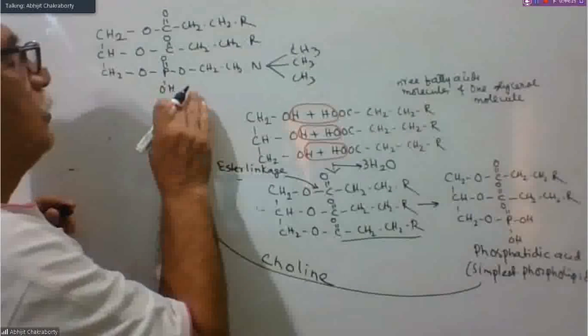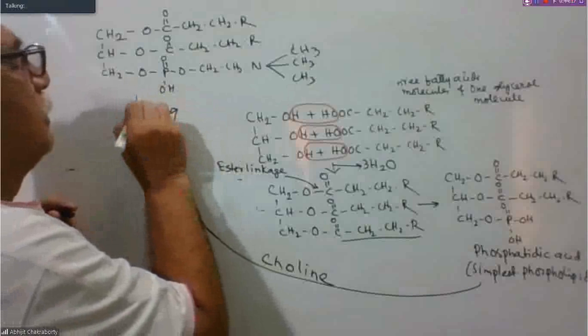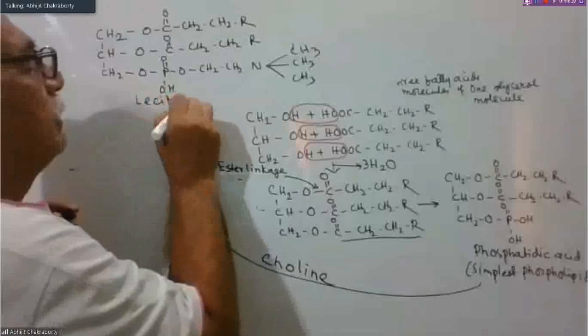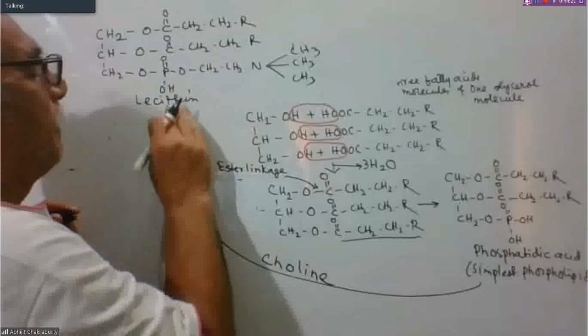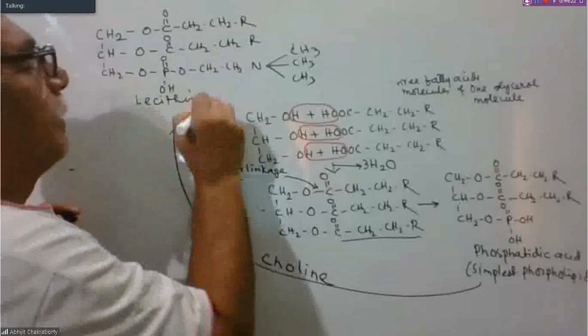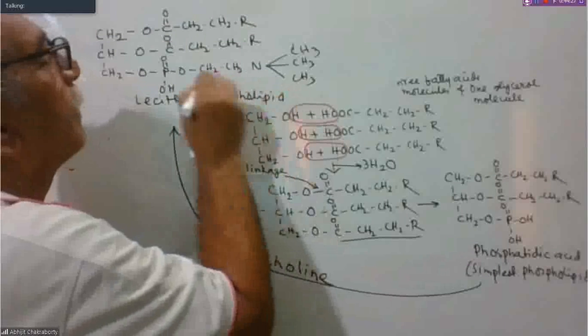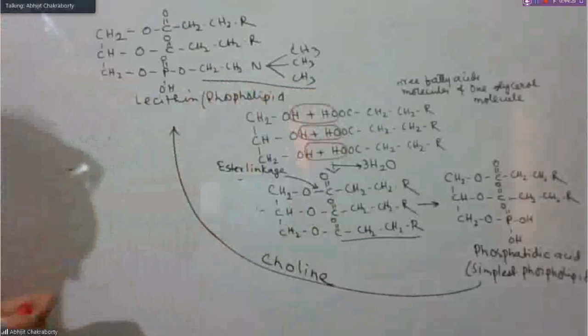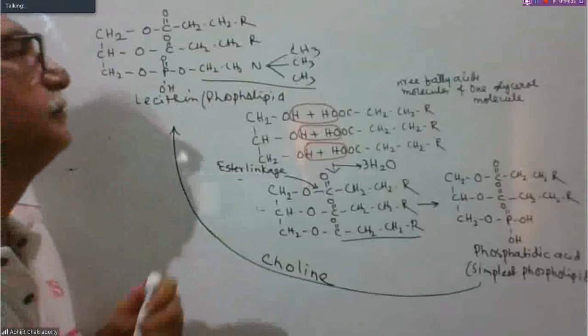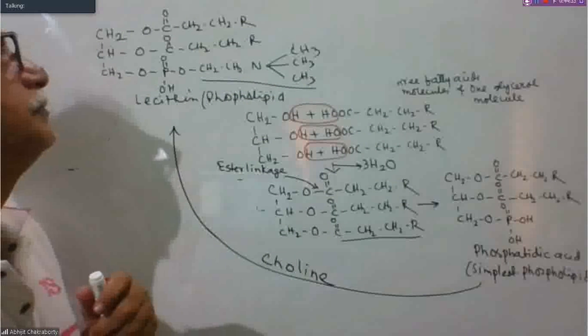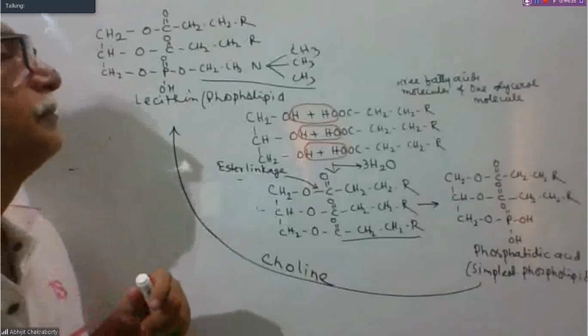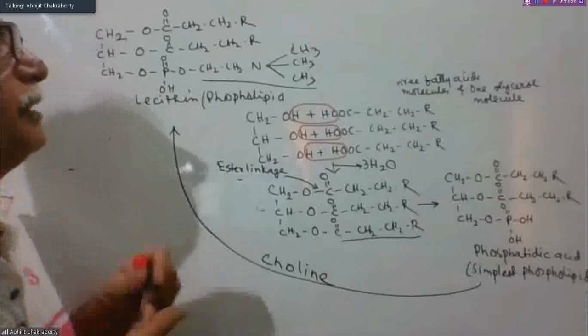This is called lecithin. This group is added. Actually, choline appears like this.